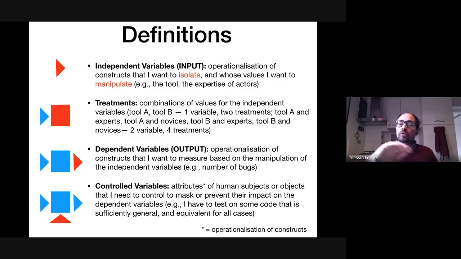I need to control them because otherwise the variation of the dependent variable is not linked only to the variation of the independent one, but may be caused by this other variable. For example, as exemplified multiple times, I have to test on some code that is sufficiently general and equivalent for all cases.